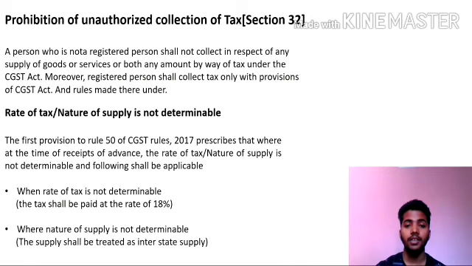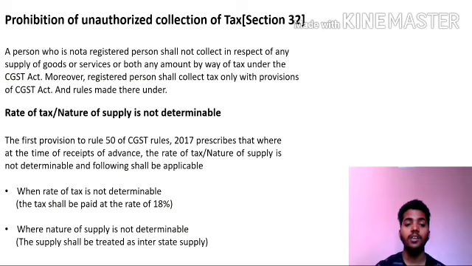And there are some cases where the rate of tax and nature of supply are not determinable. So there are some categories of goods and services where we cannot specify or determine the rate of tax and nature of supply. Then the following provision will be applicable.